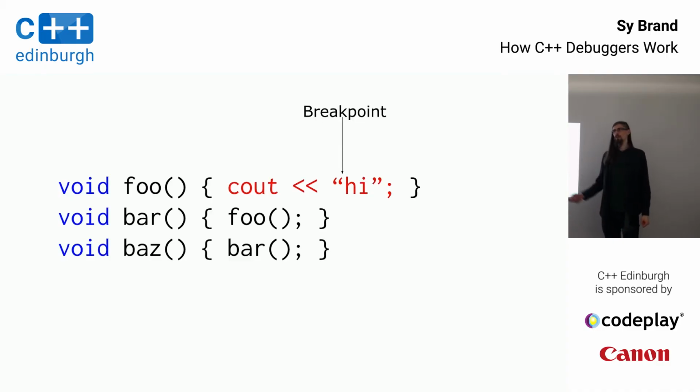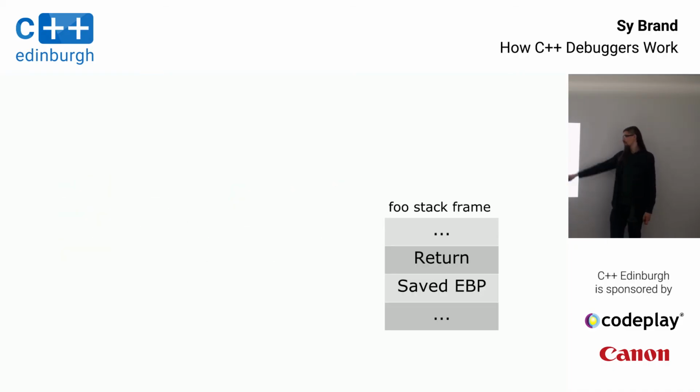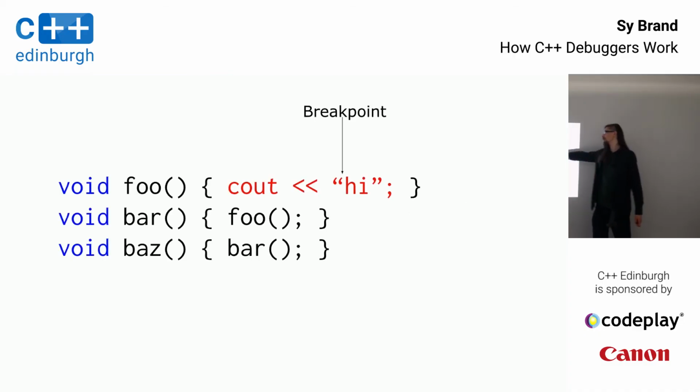So if we want to set a breakpoint on this inner call, and now we hit this breakpoint, presumably we want to know how we got here, because maybe this isn't the only call to foo here in bar. Maybe there's calls to foo all over our library, and we want to know where we actually got here from.